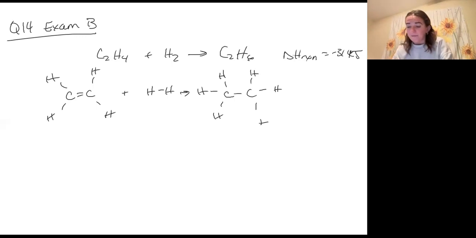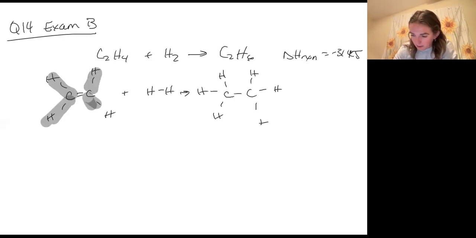Anyways, so the bonds that need to be broken here are CH bonds, I'll highlight them, a CC bond, and then this HH bond. So you want to set this up so it's how many of each bond is being broken and how many of each bond is being formed.